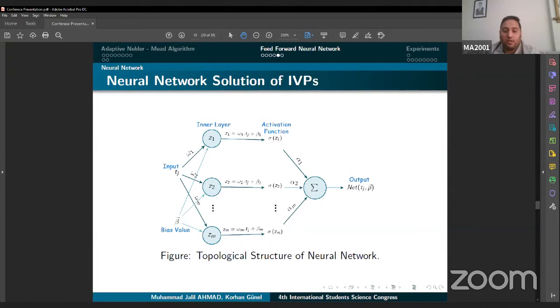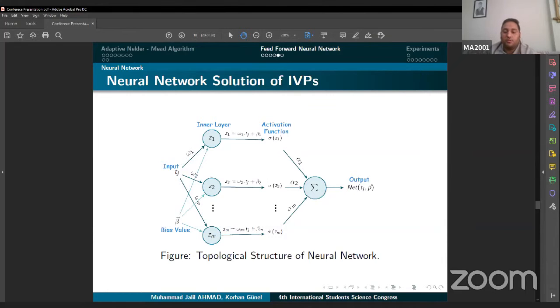Let me come here, it will be better to understand like this. This is the topological structure of our neural network. We have the inputs, and this neural network is called the perceptron. We have the inner layer and the activation functions. What is the work of the activation function?